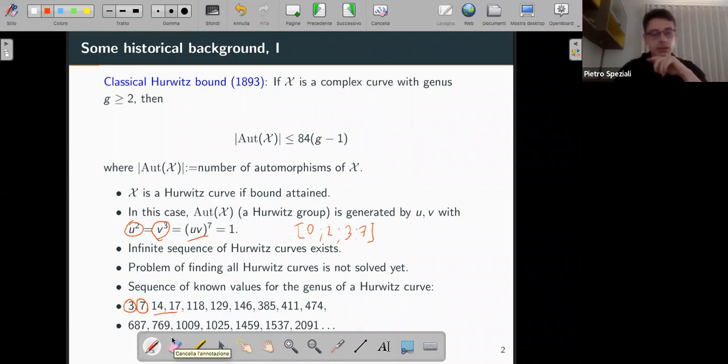From here on, as far as I know, the minimal field of definition of an algebraic model of these curves is at least a quadratic field. So why don't we go to the smallest examples, the Klein quartic, and see what we can say if there is something different happening in positive characteristic.